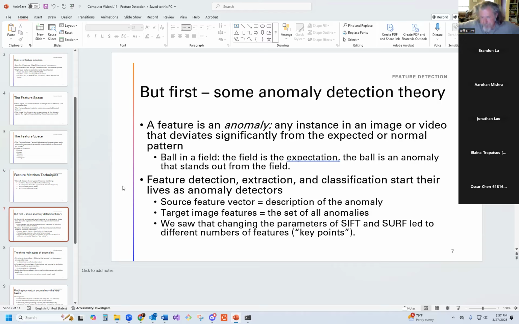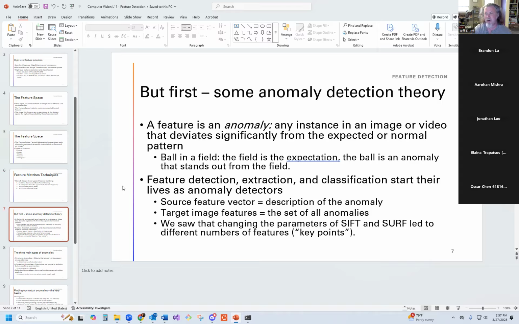So when we think about it from this perspective, essentially all of the key points these algorithms give us, SIFT and SURF, all of the key points are basically anomalies. They are points in the image that are statistically different enough from the rest of the image that they are flagged as, in our language with SIFT and SURF, a feature.